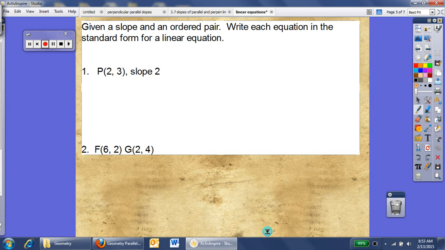As we know, point-slope form is y minus y1 equals m times x minus x1. My point is x1, y1, and slope is 2, so this is my m. Just plug everything in to point-slope form. So I have y minus 3, taken from here, equals slope of 2, times x minus 2.